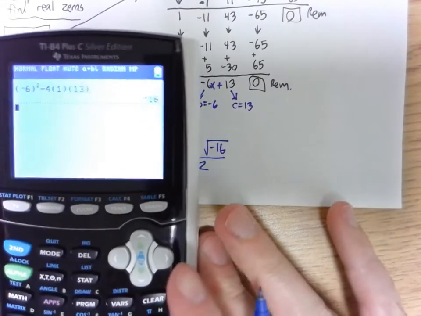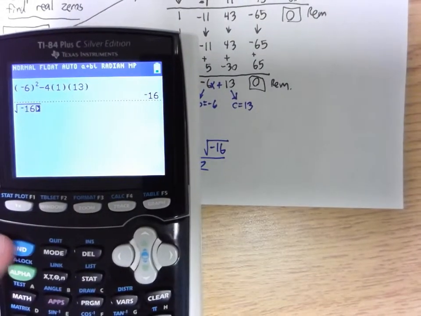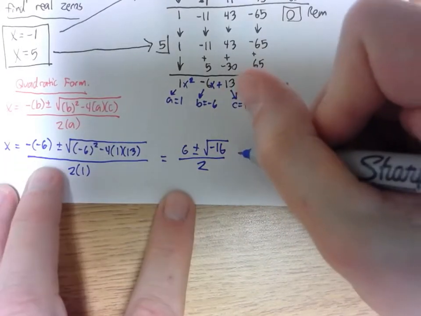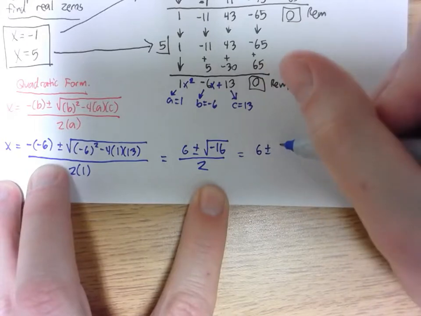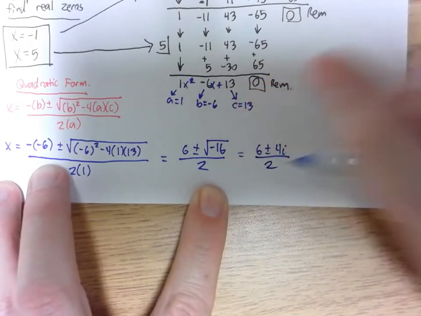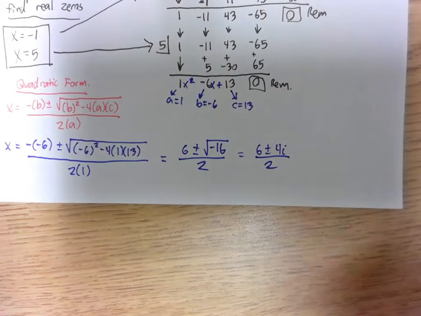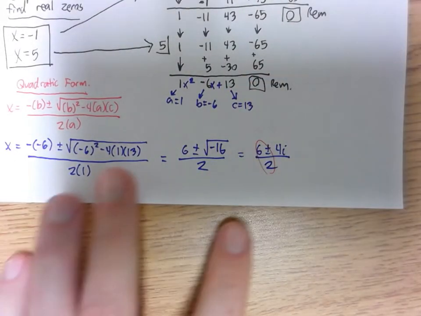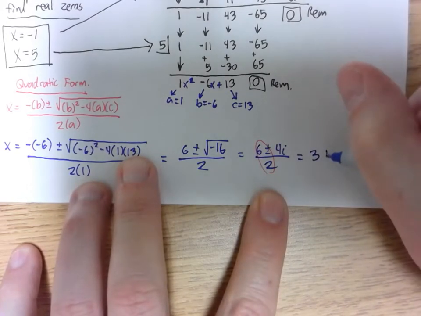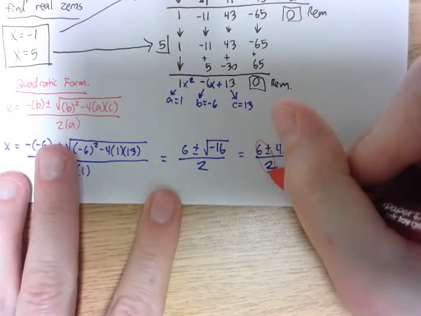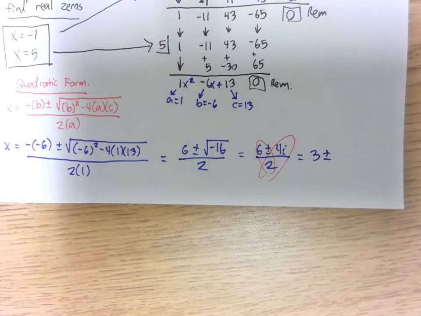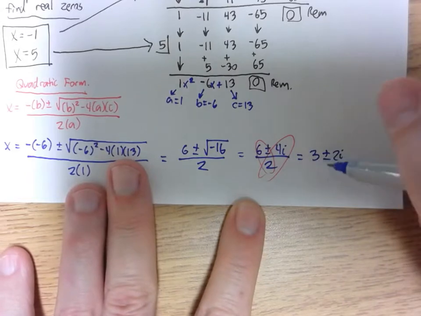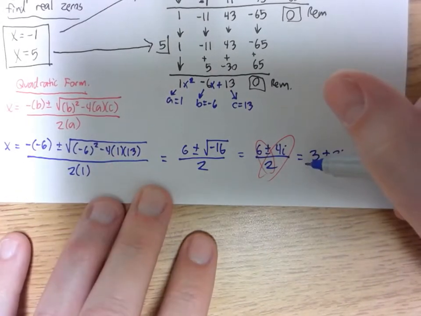Since I'm in a plus bi mode, I'll just remind you that the square root of negative 16 is 4i. Square root of 16 is 4, so it's going to be 6 plus or minus 4i divided by 2. And since both of these are divisible by 2, we'll say 3 plus or minus 4 divided by 2 is 2. Treat the i like a variable, so it's really just 2i. And that can't be simplified any further, so those are your complex.